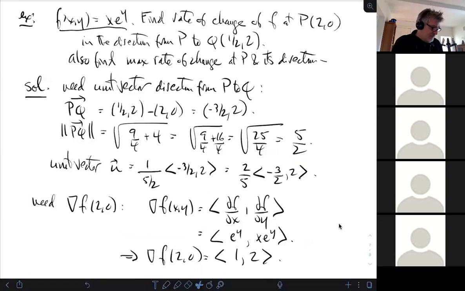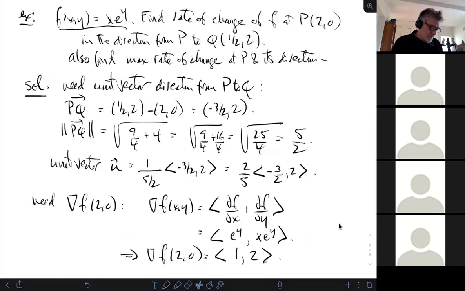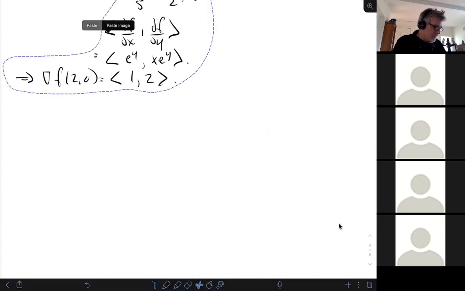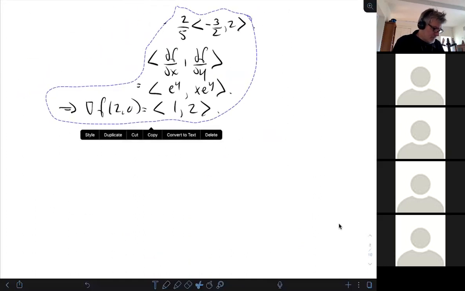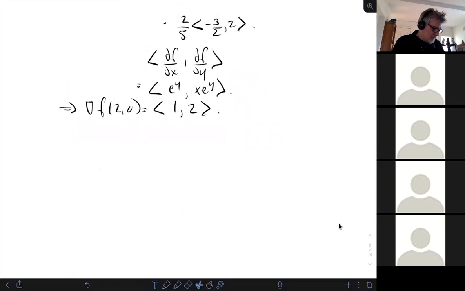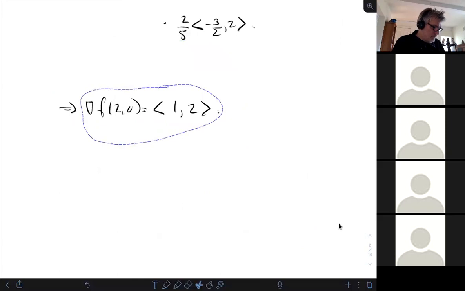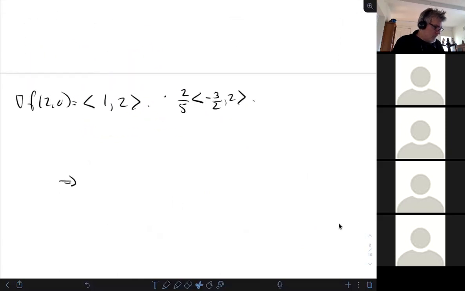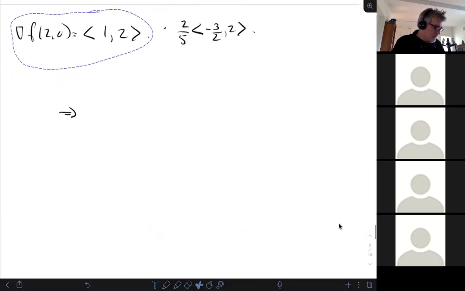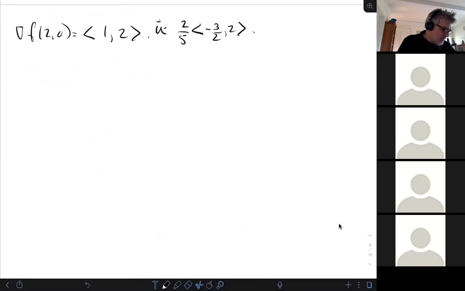So these are my 2 ingredients. This is the vector U here.